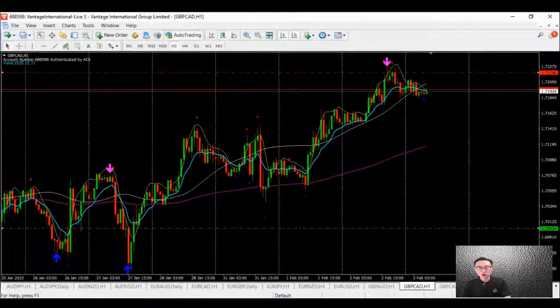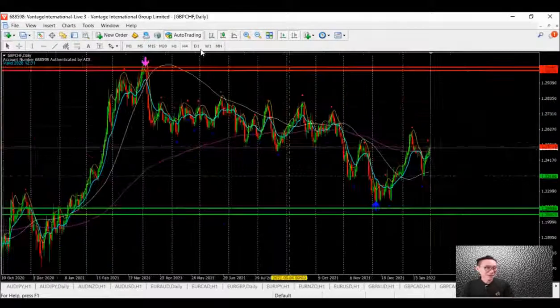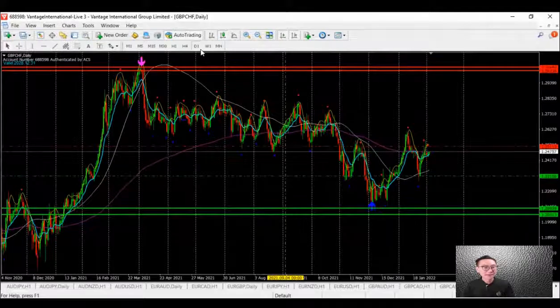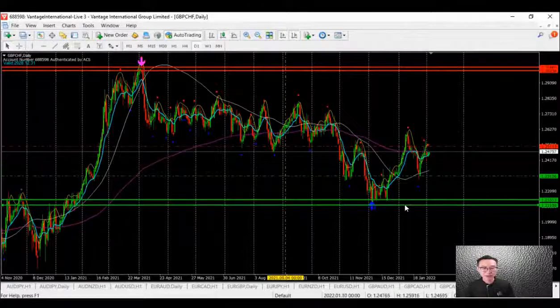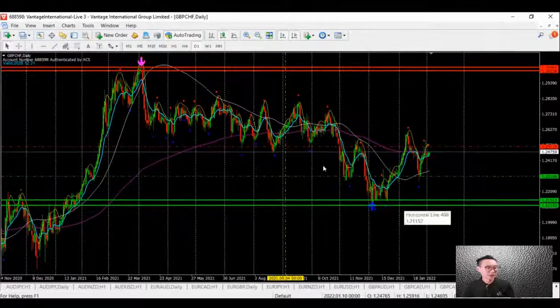All right, so pound franc. Let's take a look at pound franc. It is into the bull market right now, and the bull is actually running now.